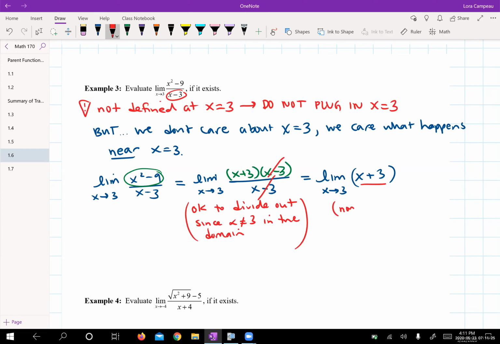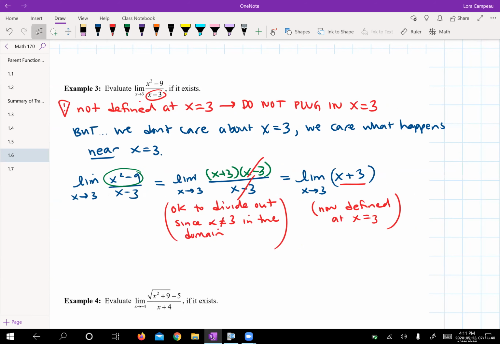So now the function is defined at x equals 3, and what you're allowed to do is direct substitution. You can plug in 3 for x, and now we get the actual value of the limit, which is 6.